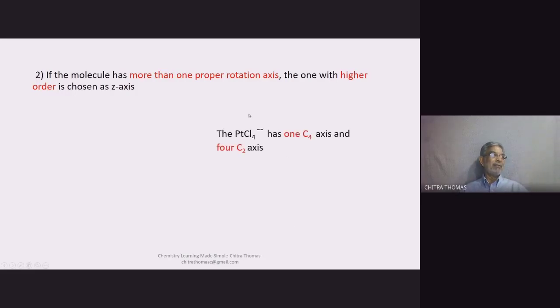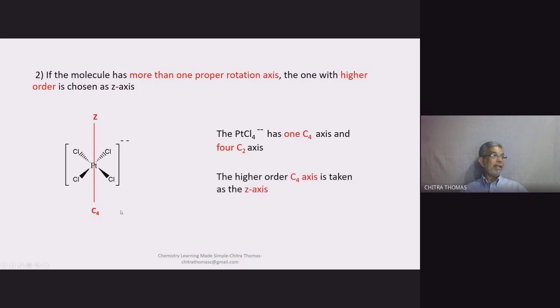I have taken PtCl4 2 minus, which has one C4 axis and four C2 axes. This is just a continuation of what you have already seen, nothing new here. That's why I said the more you learn, the easier it gets. So this C4 axis, the higher one among C4 and C2, is taken as the Z axis.